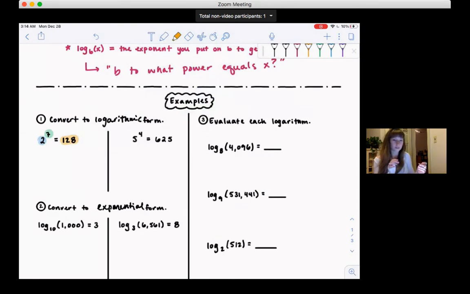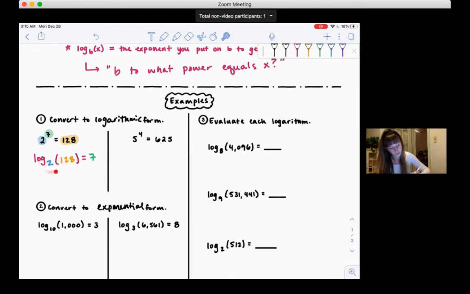And remember, logarithmic form basically switches the exponent and the answer number. So now we're going to have a log. So log, we keep the base kind of in the same position, log base 2, and now we flip the sides for the exponent and the answer number. Now the answer number is over here on the left. So log base 2 of 128 equals, and it's equal to the exponent, 7.